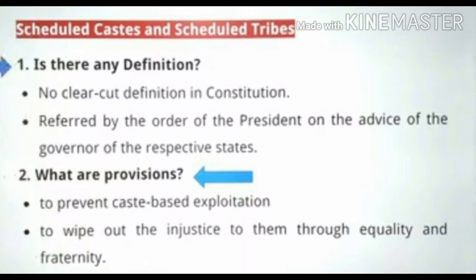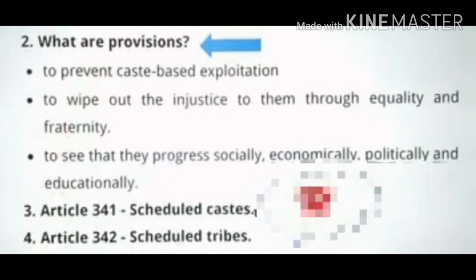To prevent caste-based exploitation, to wipe out the injustice to them through equality and fraternity, to see that they progress socially, economically, politically, and educationally. Article 341 is for scheduled caste, Article 342 for scheduled tribes. According to Article 341, those castes included in this schedule are called scheduled caste.